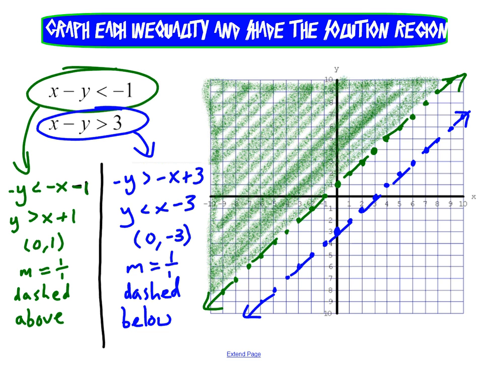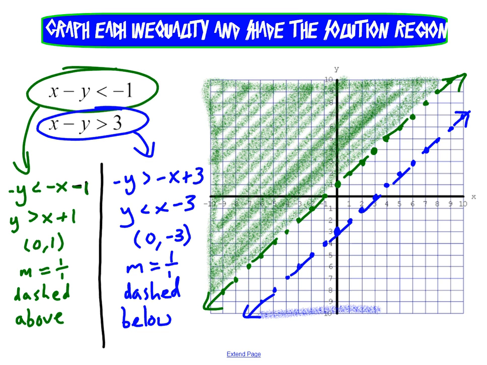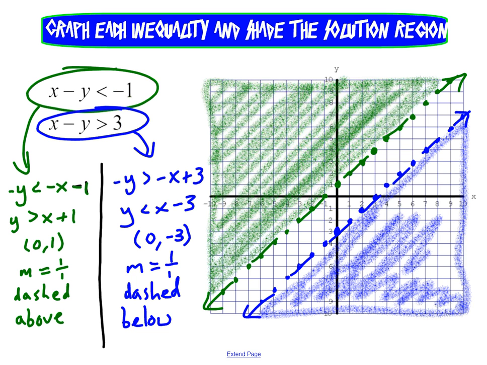We are shading below. Okay. And you'll notice that there is no overlap region, so we would say that they have no solution area. Next problem.